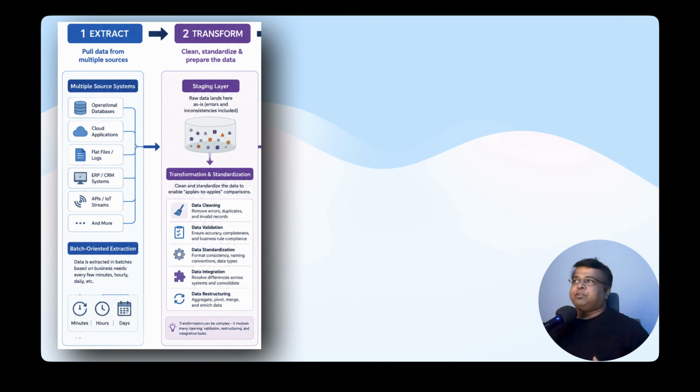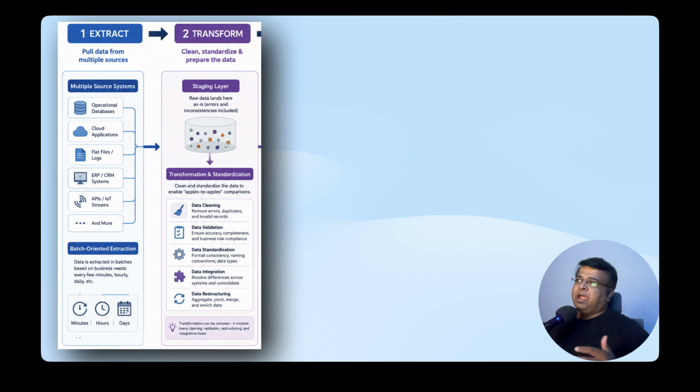For example, different systems may store customer or product information in completely different formats. One application may structure product IDs differently from another, or customer records may follow different rules across departments. During transformation, we prepare and normalize the data so everything becomes as consistent and uniform as possible before it reaches the user access layer. And honestly, transformation can get pretty complex.